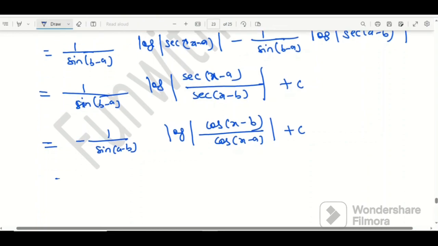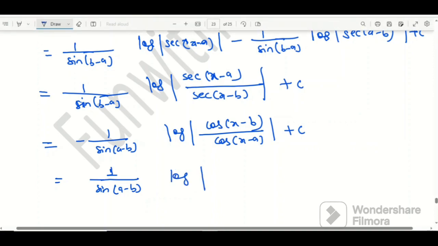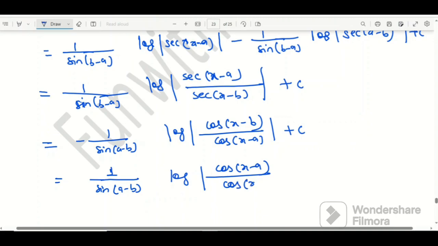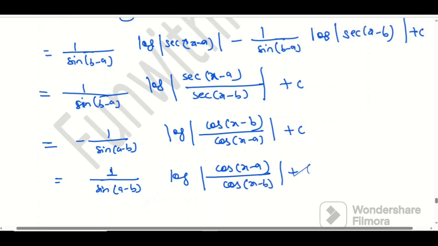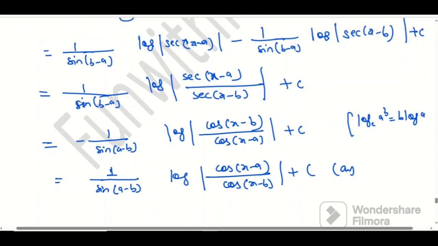But then minus is there, so it will go into the negative power of this expression. So I'll get 1 by sin A minus B, log of cos x minus A upon cos x minus B, plus C as our answer. Here I've used the property log A to the power B equal to B log A, base A.